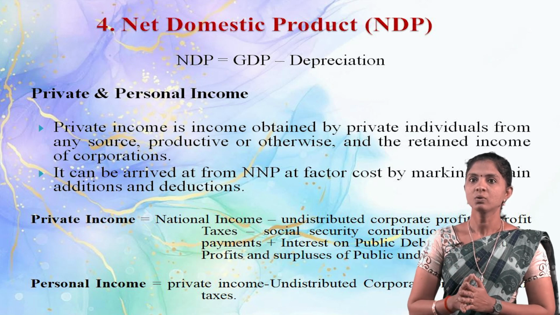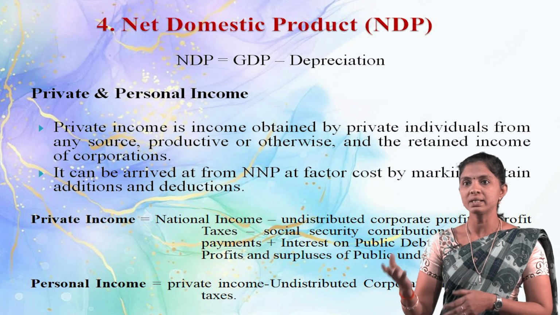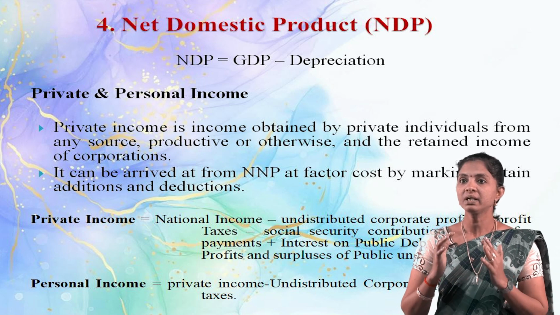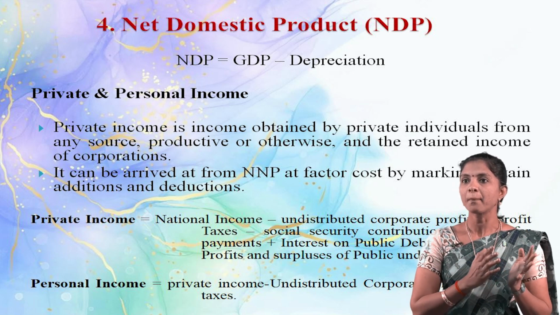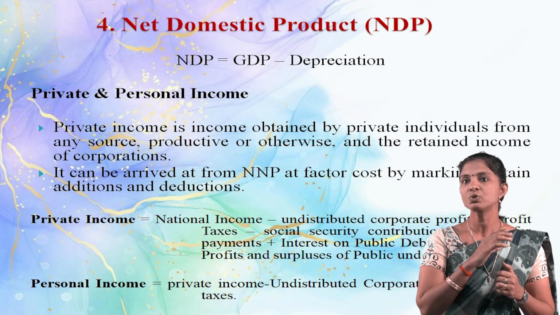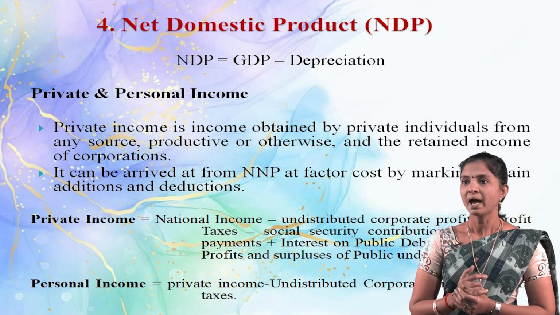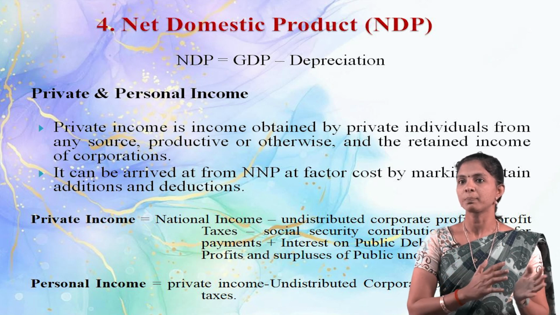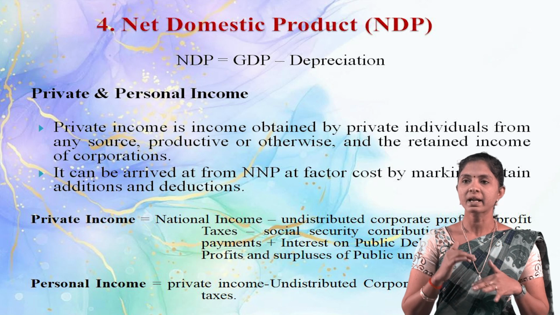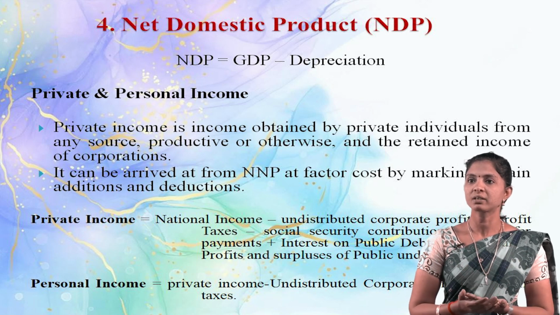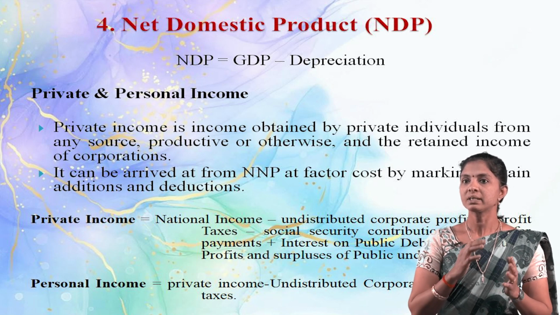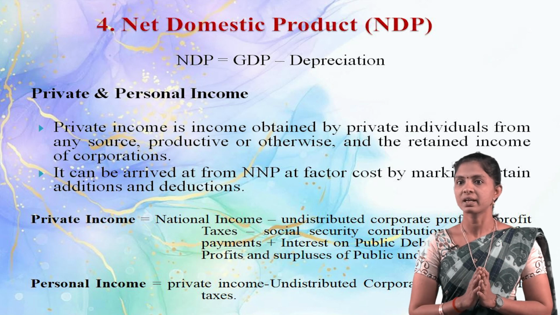Then next, explain what is private income and what is personal income. The private income is the income obtained by private individuals from any source, productive or otherwise, and the retained income of corporations. It can be arrived at from NNP at factor price by making certain additions and deductions.